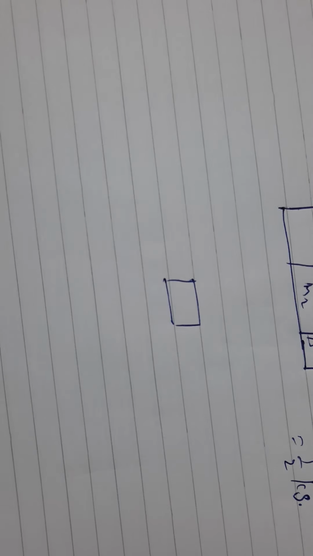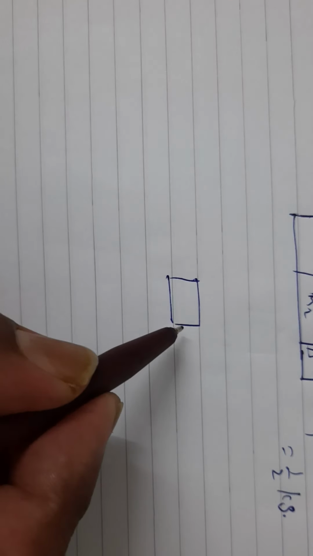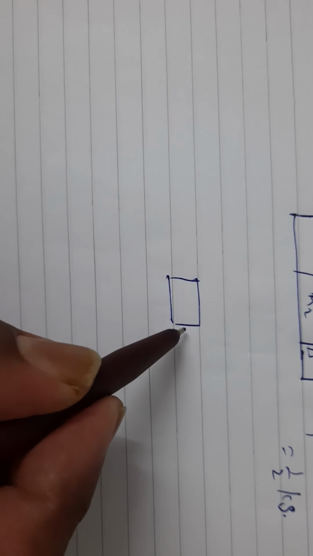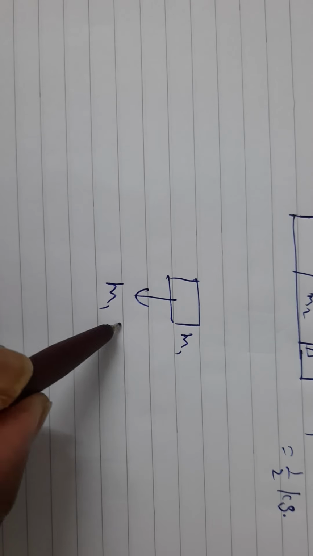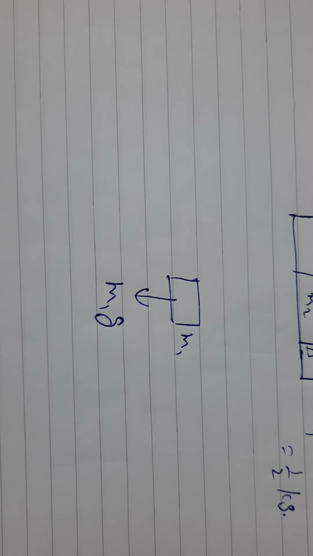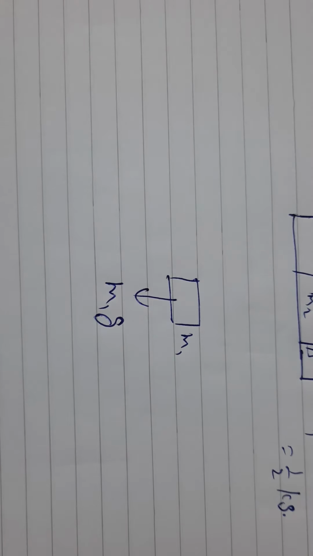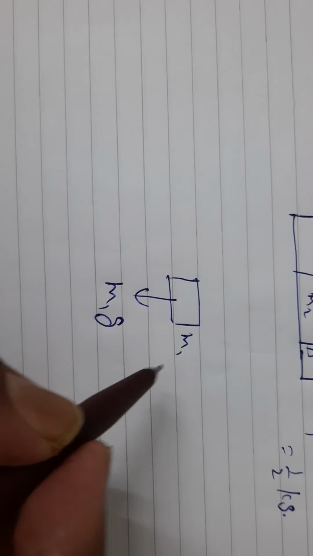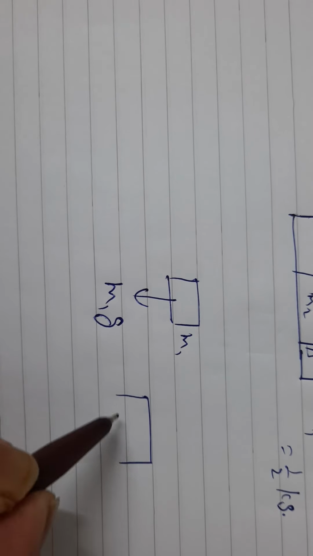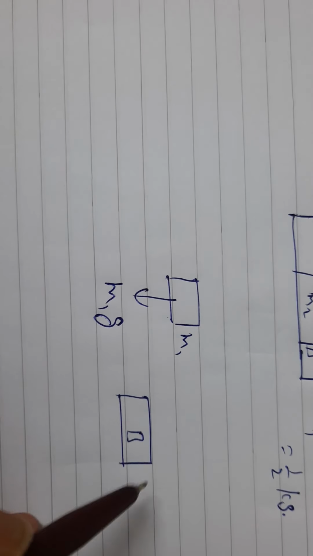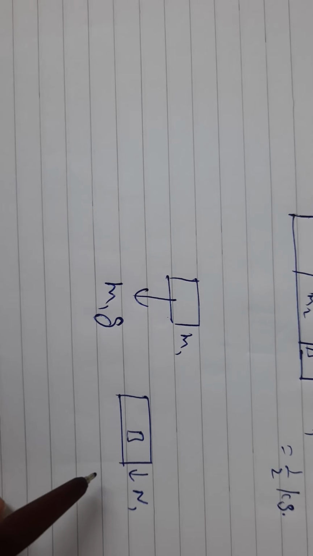Let's see here. This m1, first of all, there is the force of gravity on it. The earth pulls A with force m1g. Now m1 is placed on the surface of B. It will push the surface of B with some force, suppose n1. Here is B. Suppose it pushes down with n1.